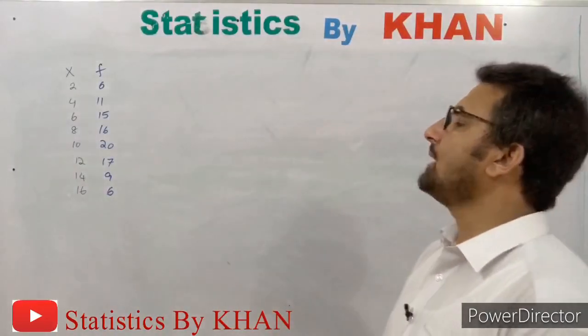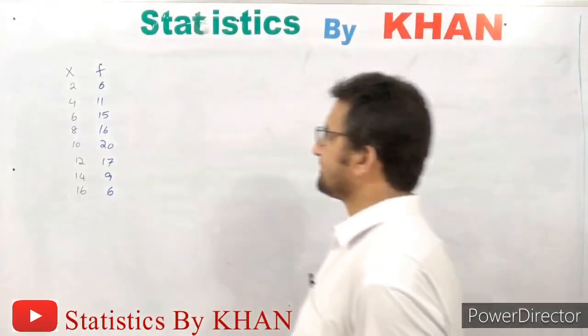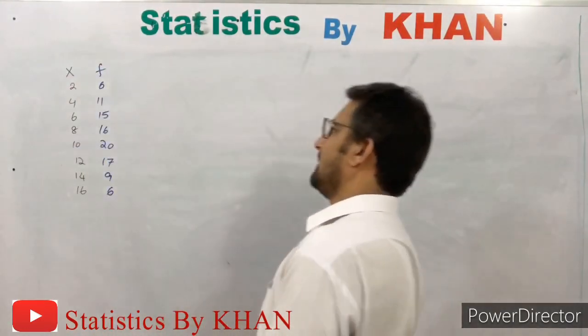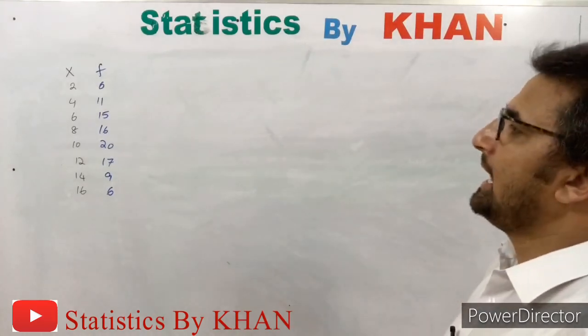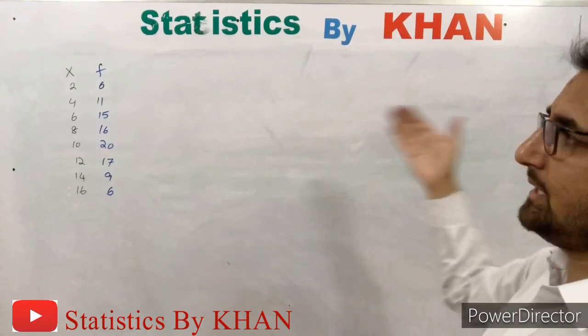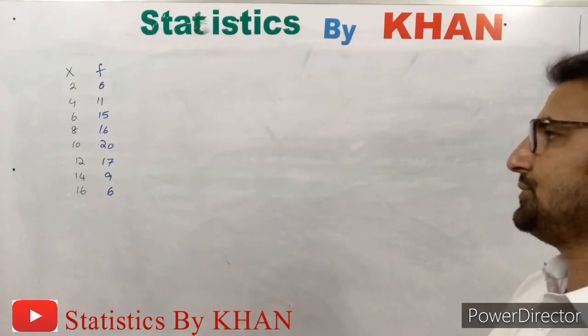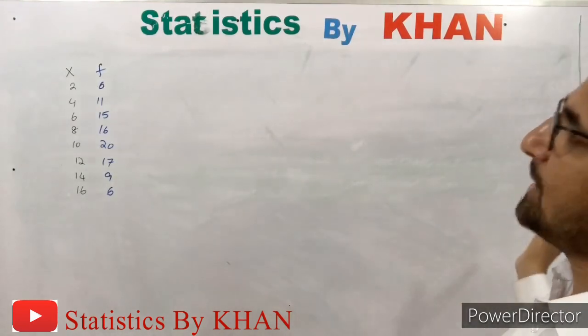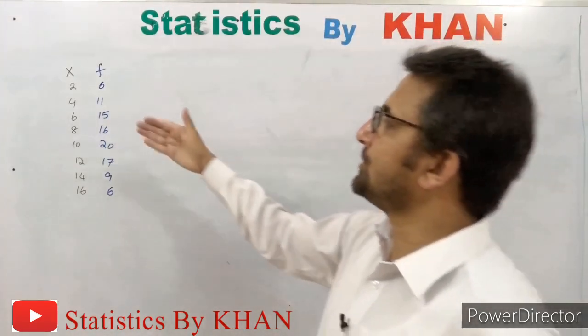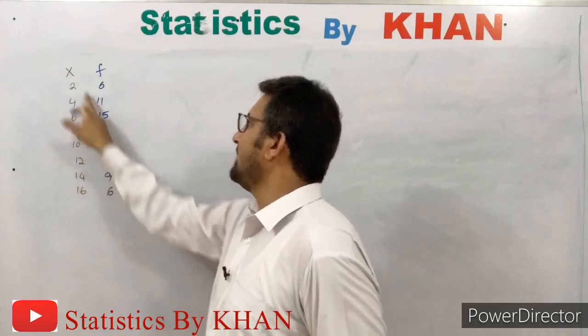Let me explain it a bit more. This discrete group data has been obtained after transforming the individual series into a frequency distribution. There were individual observations, and those observations were only the repetition of these values of x.